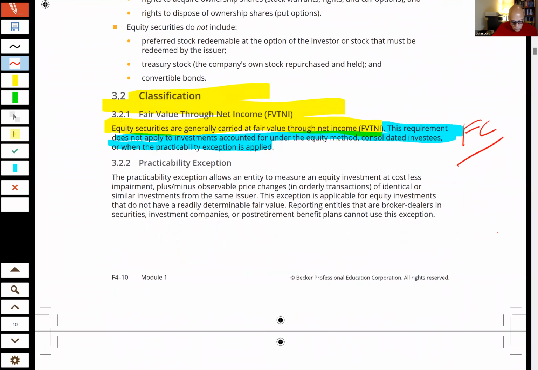Okay, and our equity securities under the fair value through net income, any unrealized holding gains and losses are going to run through the income statement. They're going to be shown in net income. There is no more treatment of comprehensive income now. That relates to bonds. Okay, now you come down and they say, well, what else hits the income statement?